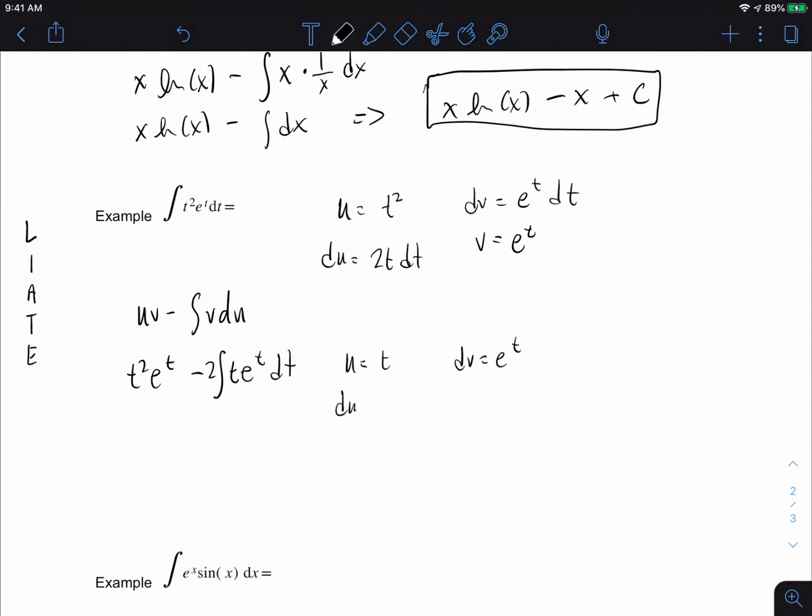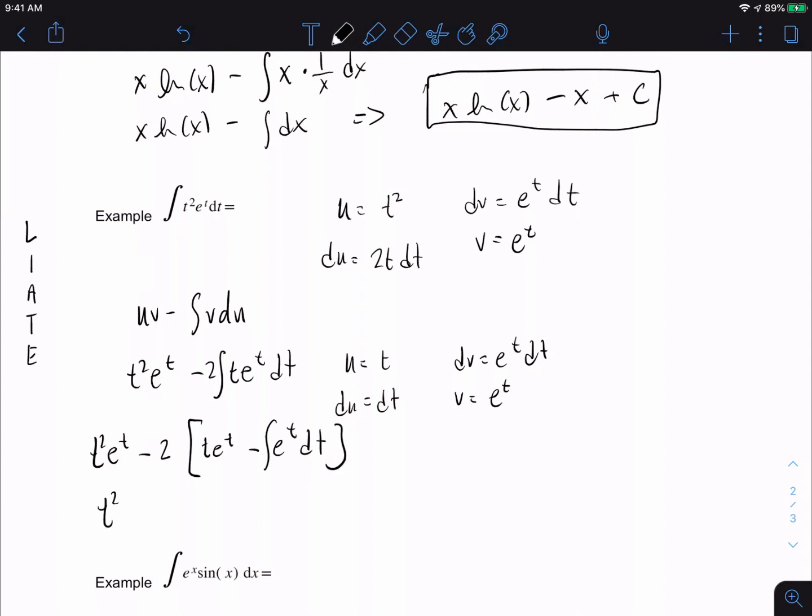So this is going to be du is dt. This will be v is e to the t right here. And so I'm going to have t squared e to the t minus 2 times t e to the t minus the integral of e to the t dt.